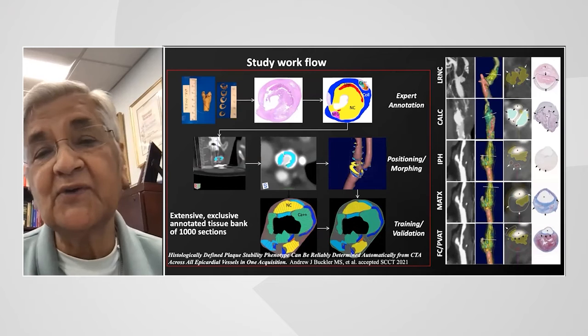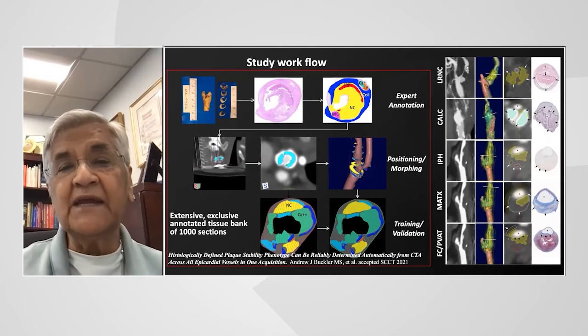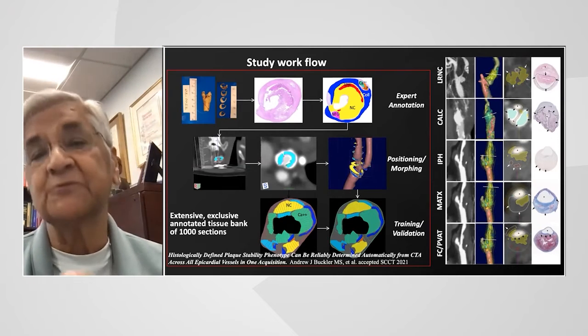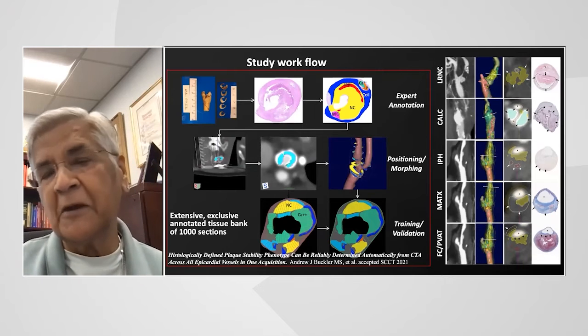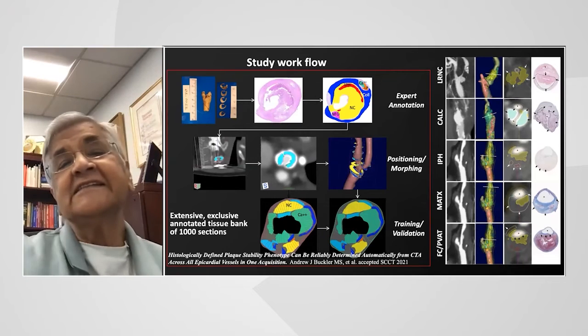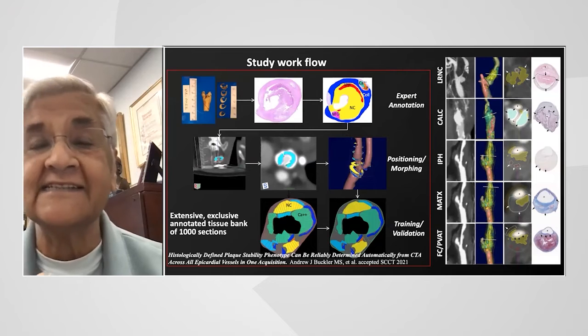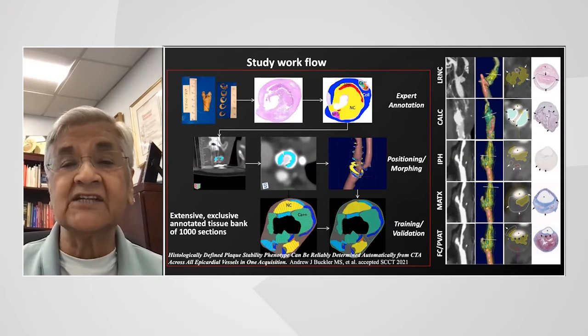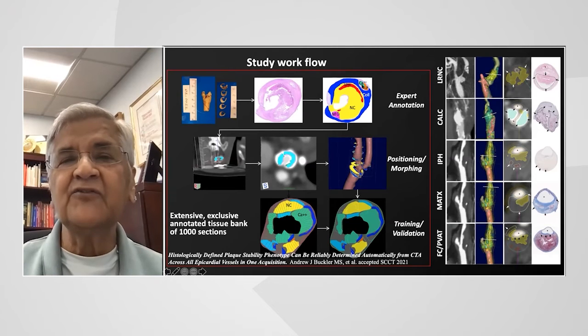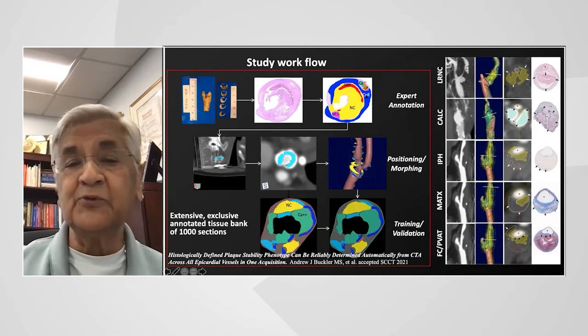This is to show you that they can recognize, we looked at these plaques, we did the plaque identification saying which one was what, we were unaware what CT showed, and the CT people were unaware what we had seen. So we identified intraplaque hemorrhage, we recognized collagen, necrotic core, macrophages, calcium, and lipid pool as well.